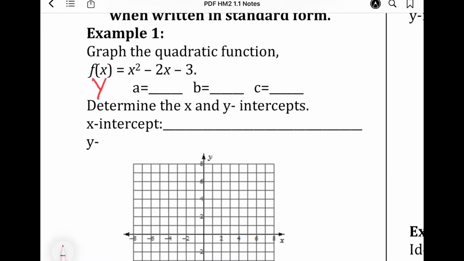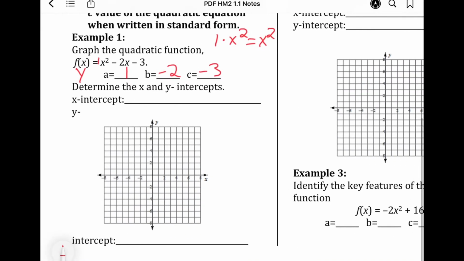So what could we multiply x squared by and it be the same value? 1. We can put 1 times x squared and it'd be the same thing as x squared. So we've got 1 out front. We've got negative 2 as our b and negative 3 as our c.